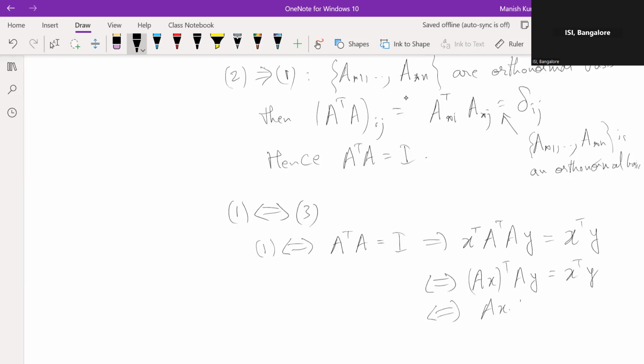AX dot AY is equal to X dot Y. So this proves I guess 1 implies 3.